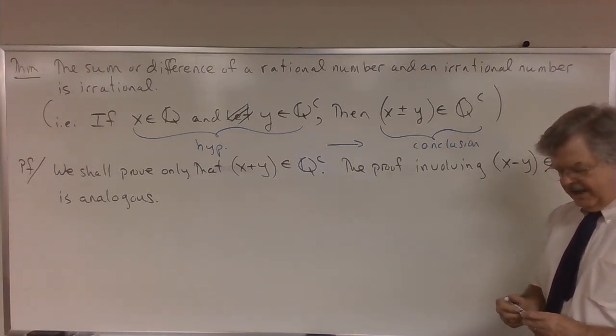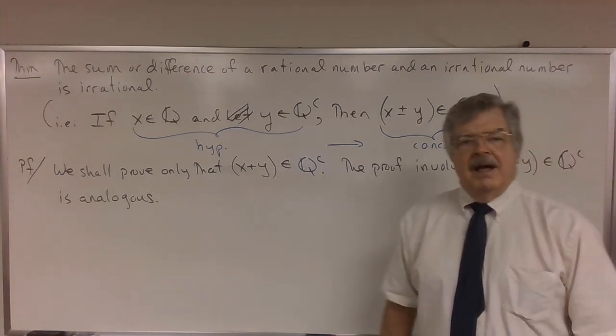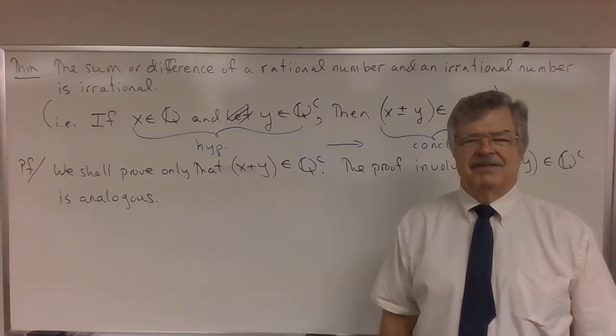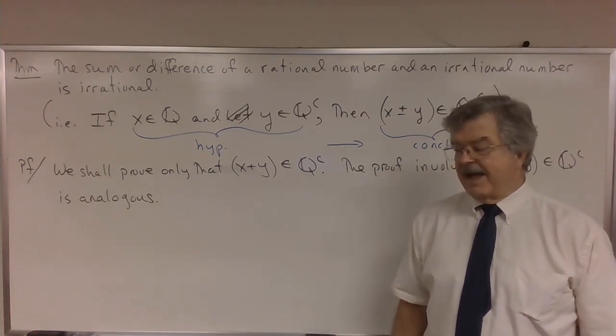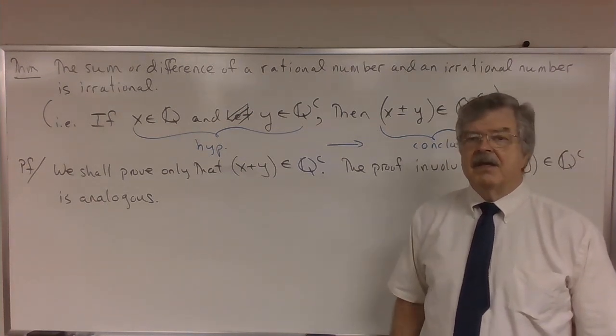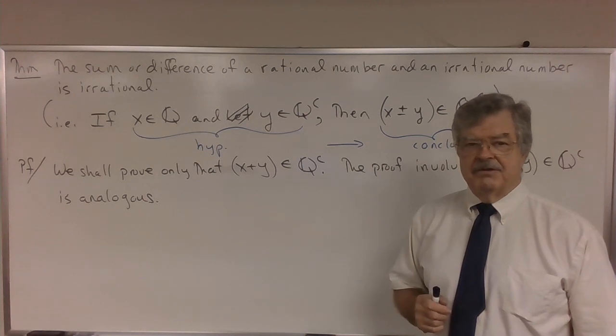Now, you know how I am. I don't know how to do any of these proofs. I have no idea how to do this. So here's what I'm going to do.